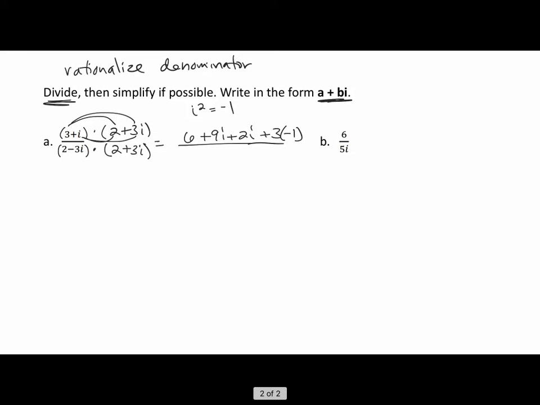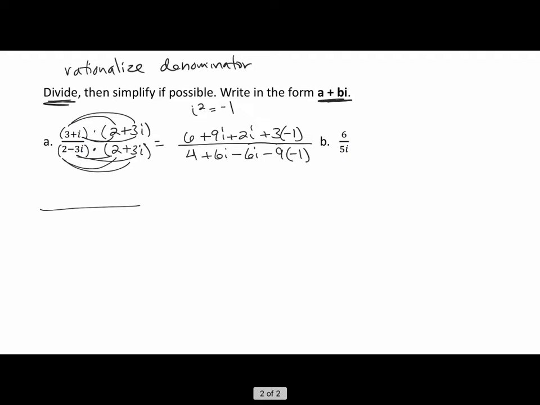In the denominator then, like I said, you can use the complex conjugate if you want. Some people get confused on that, so we can just distribute each term. 2 times 2 is 4. 2 times 3i is 6i. -3i times 2 is -6i, and -3i times 3i is -9i squared, which is -1.